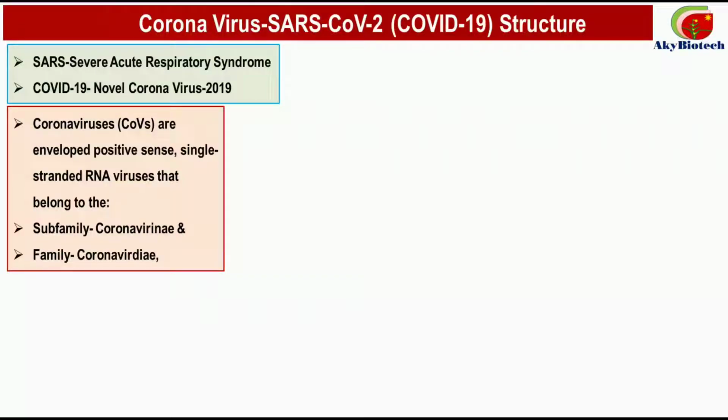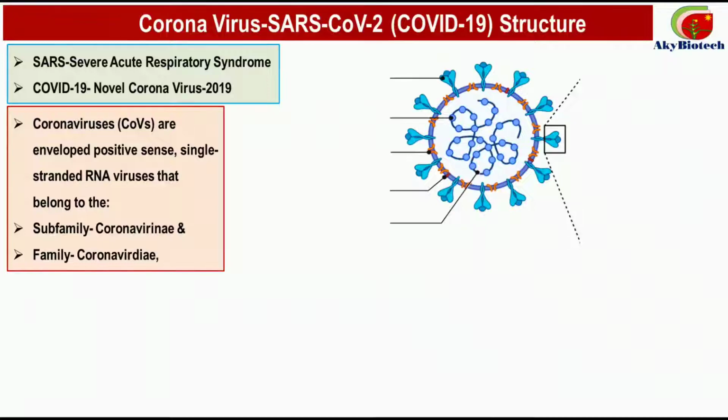Coronaviruses, a little information about them. These are enveloped, positive sense, single-stranded RNA viruses that belong to the family Coronaviridae. Looking into the structure, as you can see in the figure, this is the spike glycoprotein.